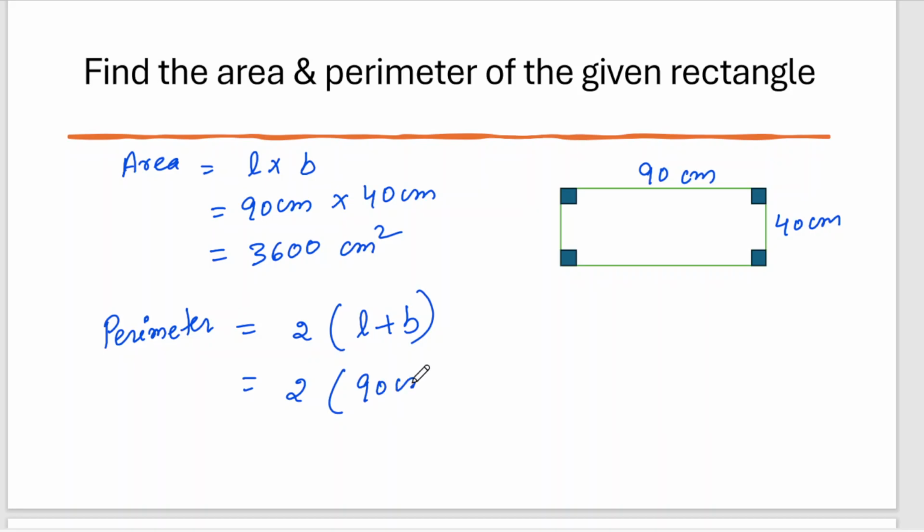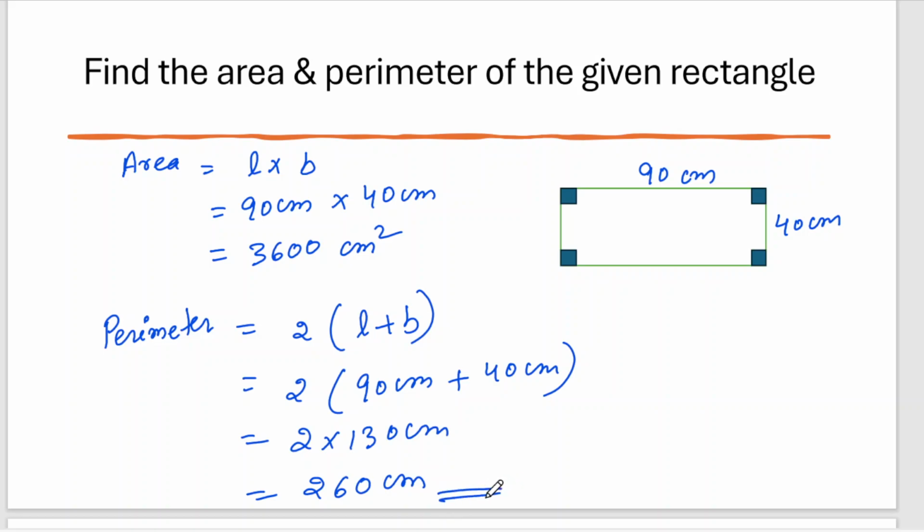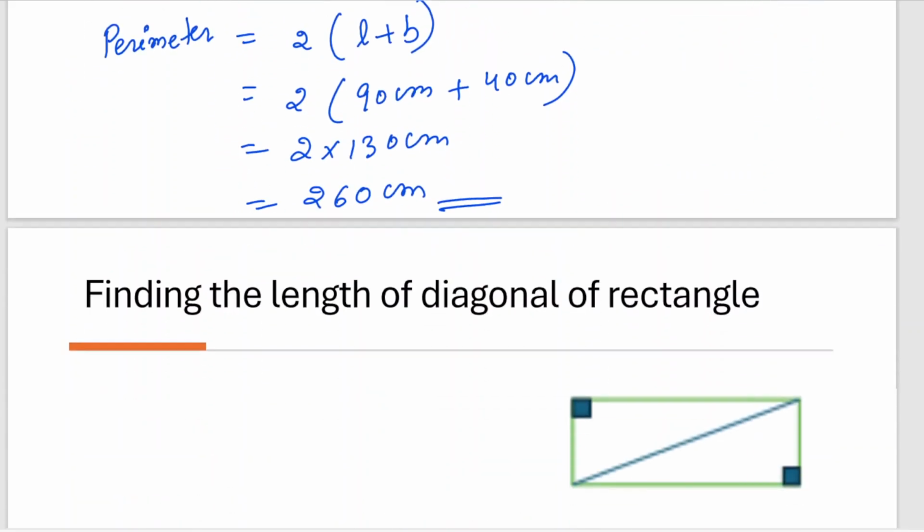It is 90 centimeter and what is breadth? 40 centimeter. So we got 2 into (90 plus 40), it is 130 centimeter, and the total you will get as 260 centimeter. So the sum of the lengths of the boundary is 260 centimeter, and the area we have got is 3600 square centimeter.